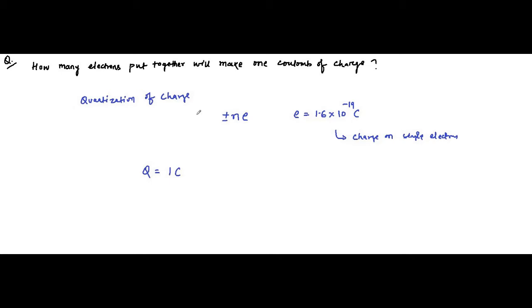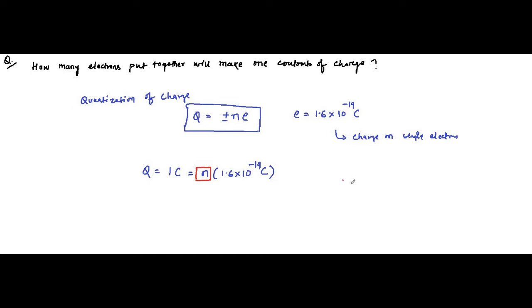Okay, Q is equal to plus 1 coulomb. Quantization of charge is that total charge is always in this way, plus minus Ne. Here Q is equal to 1 coulomb, it is positive, so it is equal to N into 1.6 into 10 to the power minus 19 coulomb. Our objective is to find this N.